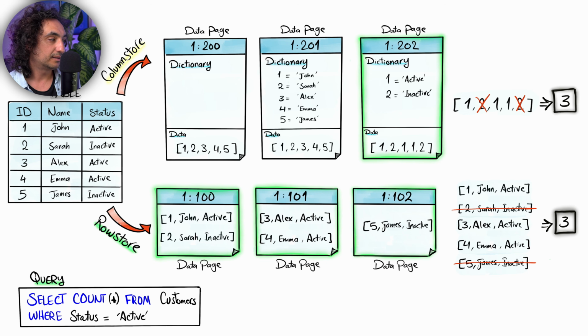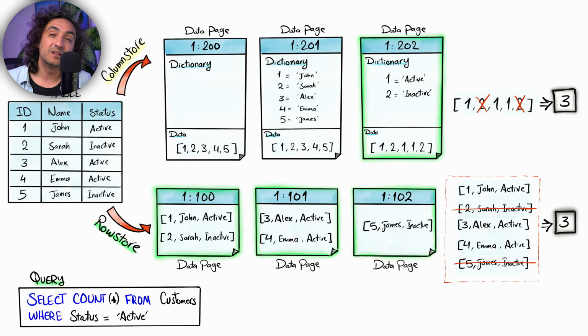So now if you compare these intermediate result sets from the Rowstore and the Columnstore, you can see that in the Rowstore we have fetched and retrieved a lot of unnecessary information for this query. And this of course is going to make the query very slow. But in the Columnstore, SQL reads exactly what it needs for this aggregation, and we didn't read any extra information about the names of the customers or the IDs.